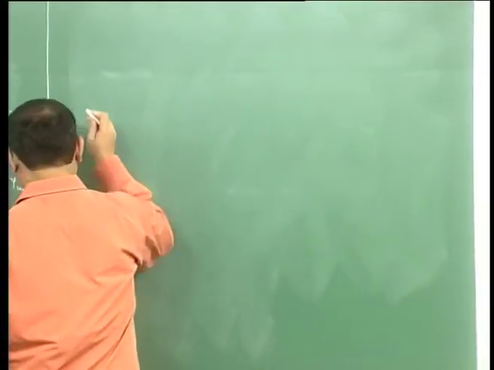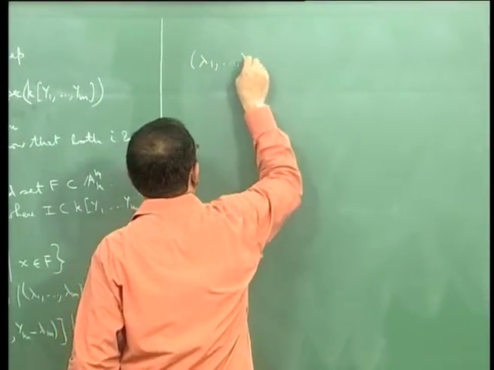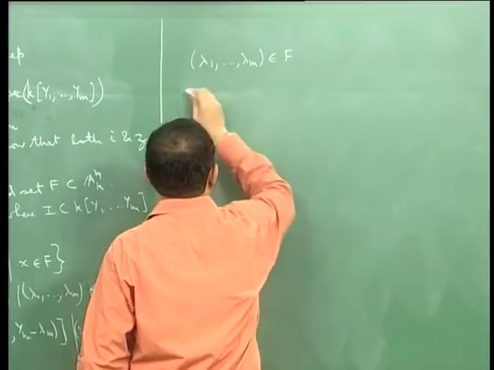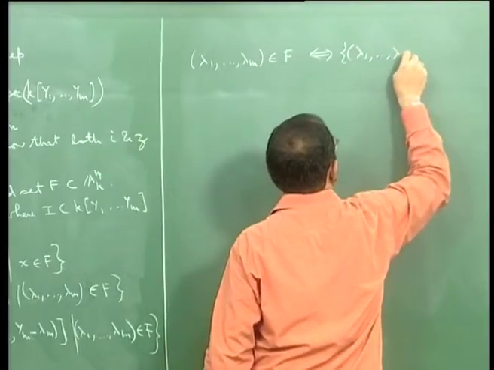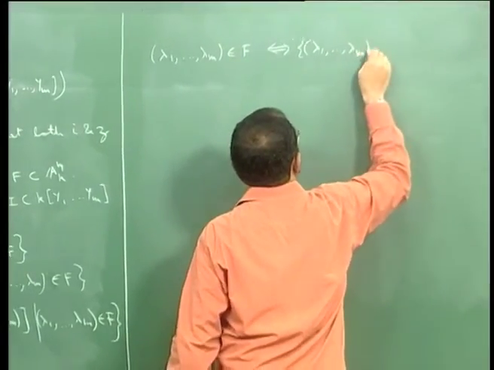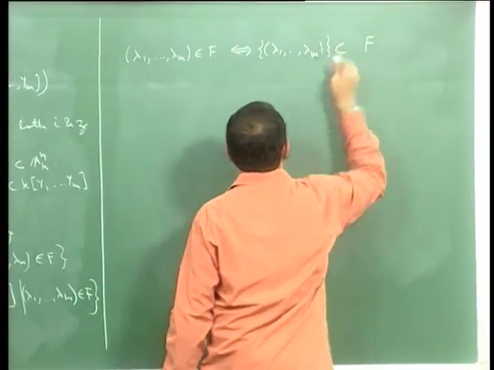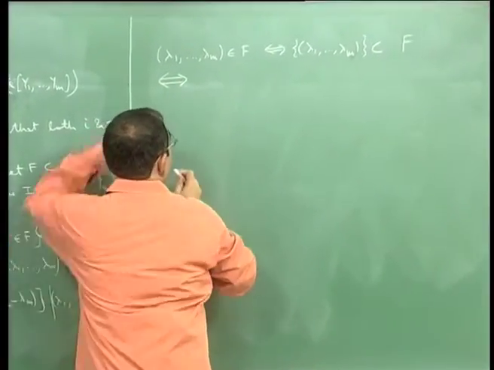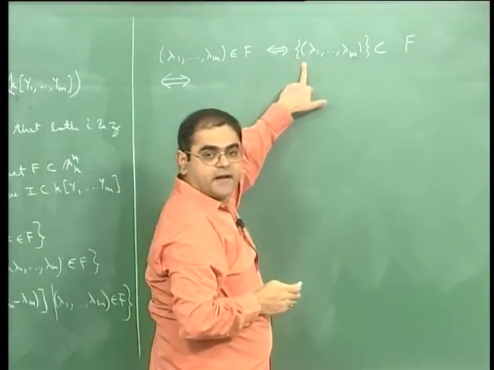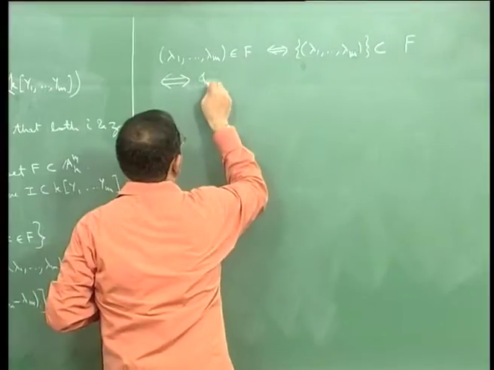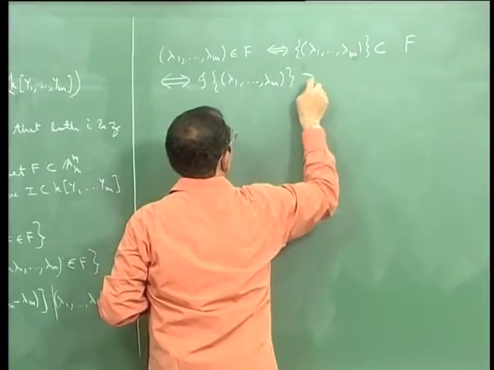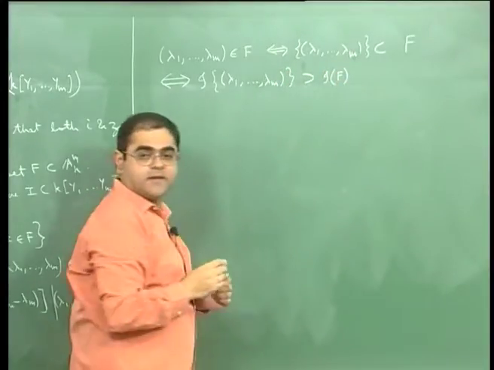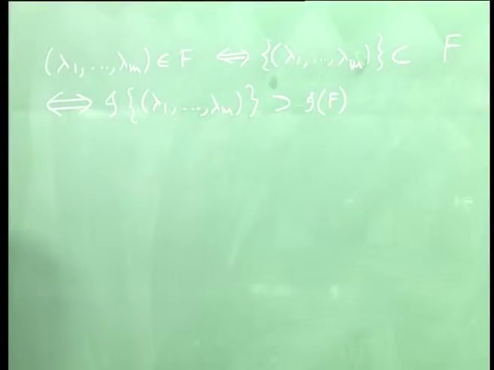So lambda 1 through lambda m belongs to F if and only if the singleton point lambda 1 through lambda m is a subset of the set F. That is if and only if, I can take the ideal of a subset, so I of lambda 1 through lambda m contains I of F, because when you apply script I, the inclusion is reversed.